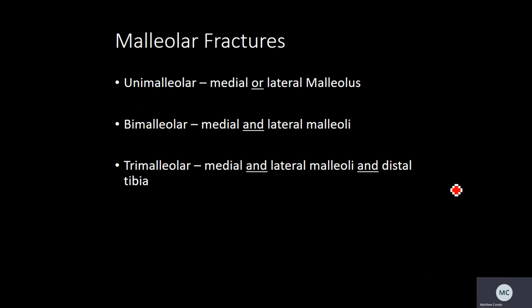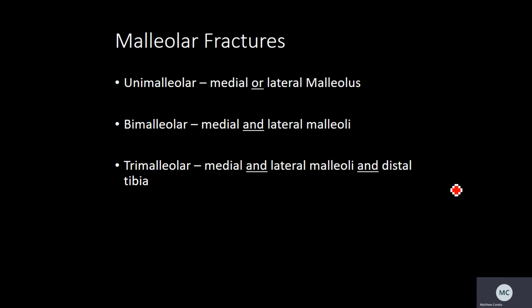Now, like I said last week, there are a lot of different fractures with a lot of different names. What we're going to see in a lot of reports is a unimalleolar fracture. What that means is that either the medial or lateral malleolus has been disrupted or fractured. If I see a bimalleolar fracture, that means both my medial and my lateral malleoli have been fractured.